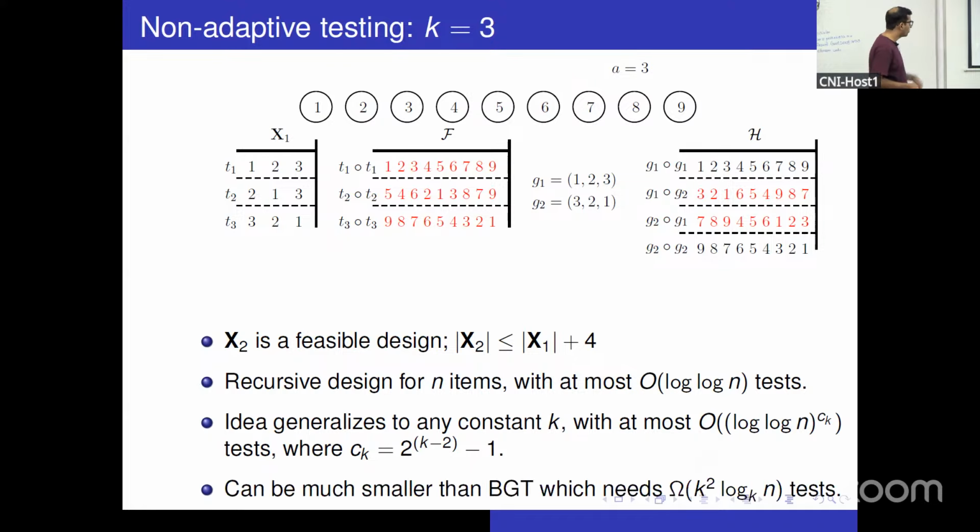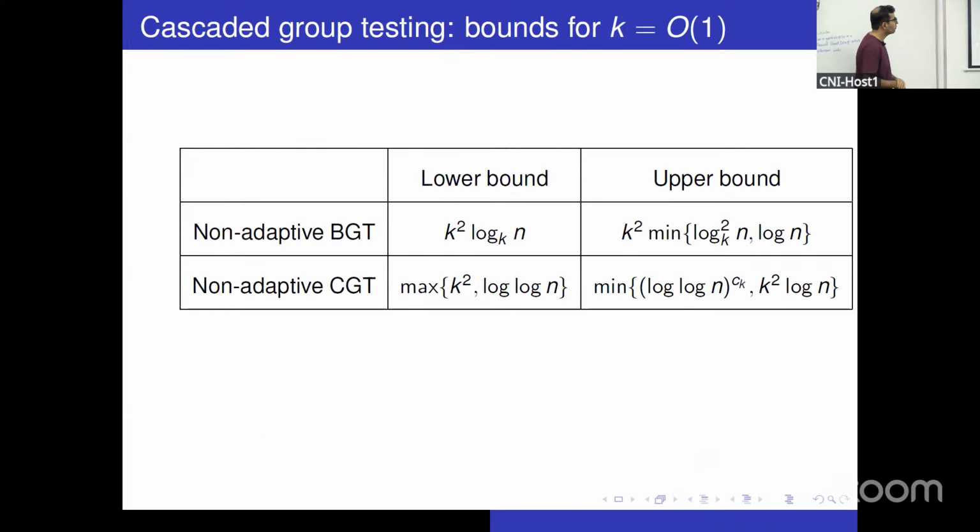Okay. So as I said, the number of tests depends on log in terms of the population. So this is what we have so far for this non-adaptive CGT model. We have a lower bound which looks like k square log n, and then we have improved the upper bound from n to log n to some factor.